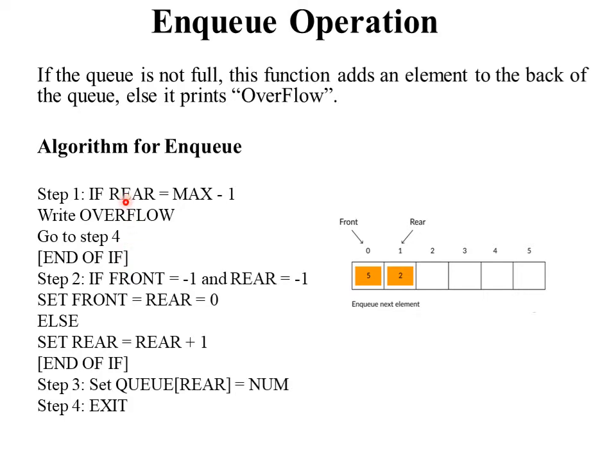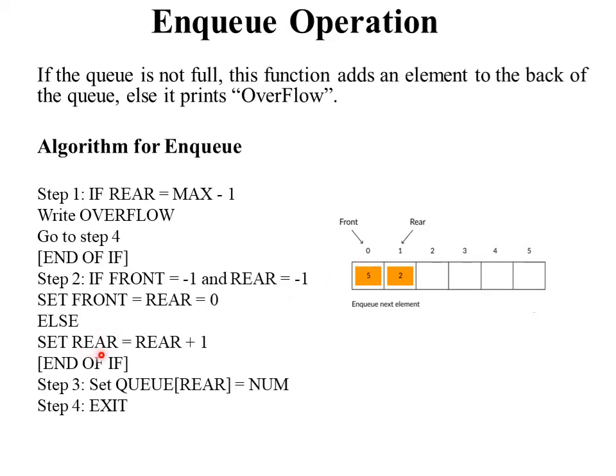But if queue is not full, then go to step 2. In step 2, condition is if front is equal to -1 and rear is equal to -1. Front and rear -1 means queue is empty. So set front and rear equal to 0, means we insert a new element in 0th index.